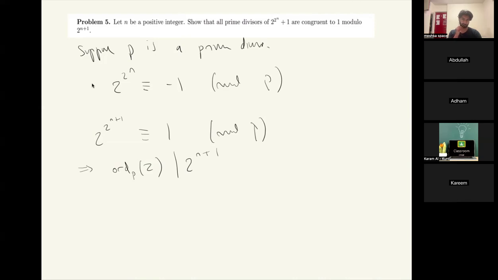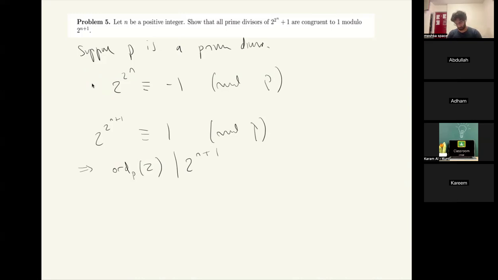So we know that the order of 2 modulo p is equal to 2 to the power of n plus 1. That's the conclusion, but why? Because if it were less, then we can raise it to some power and get 2 to the power of 2 to the n is congruent to 1 modulo p and not minus 1.